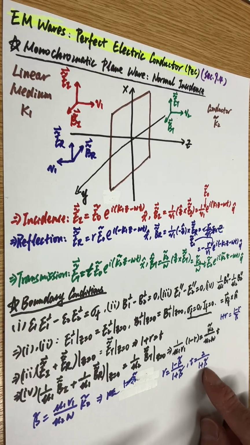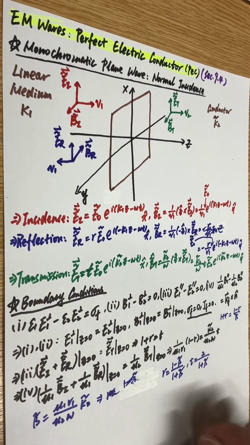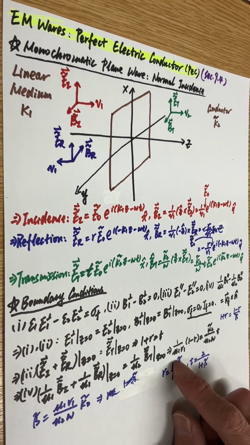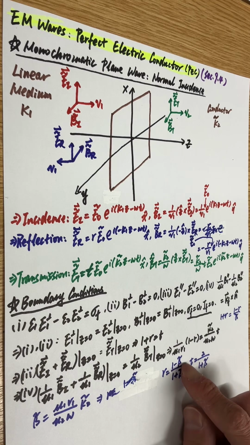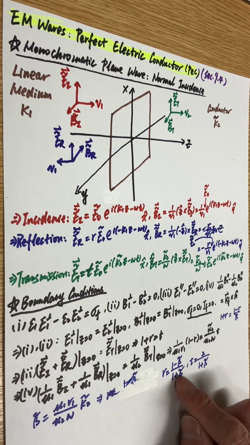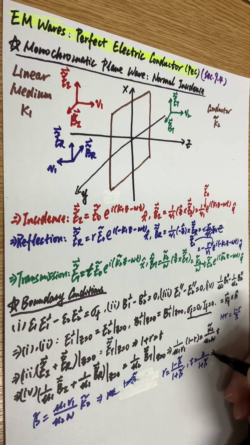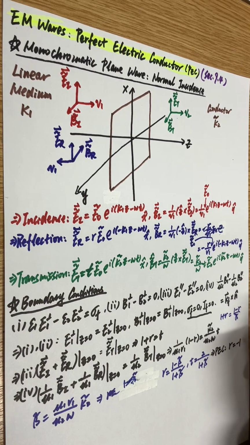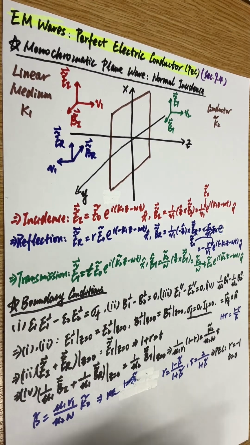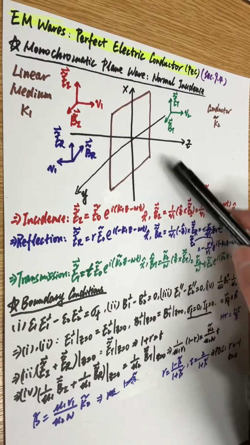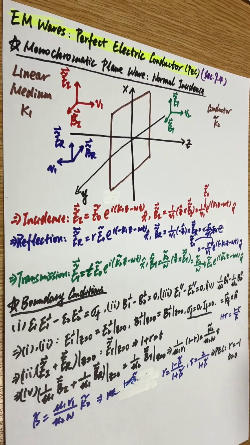So when beta is infinite, we have T equal to 0, and R equals -1, because 1 divided by beta minus 1, and 1 divided by beta plus 1. So PEC would have R equals -1 and T equals 0. We have total reflection; the wave wouldn't penetrate the conductor.